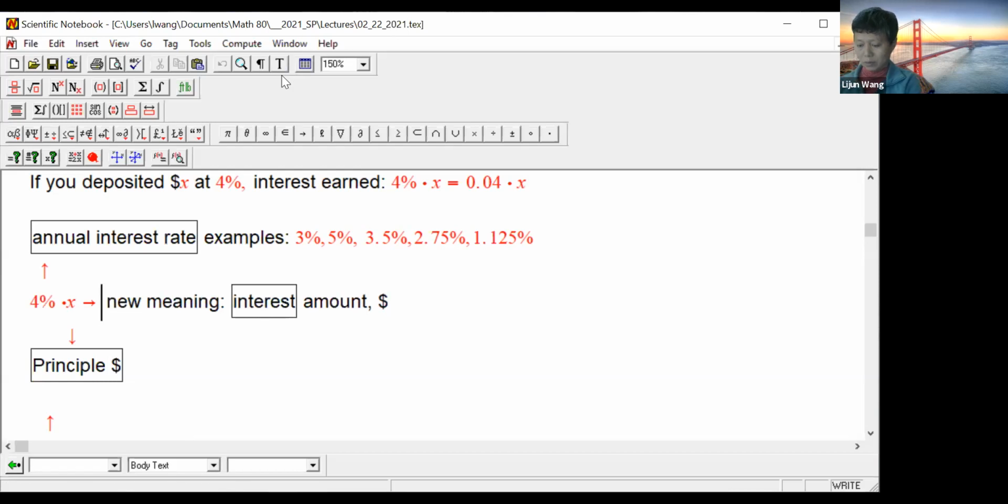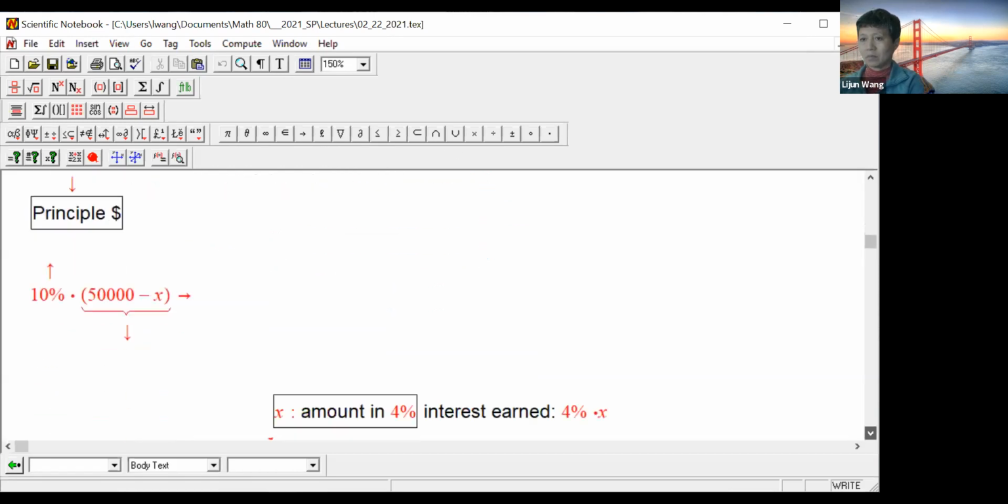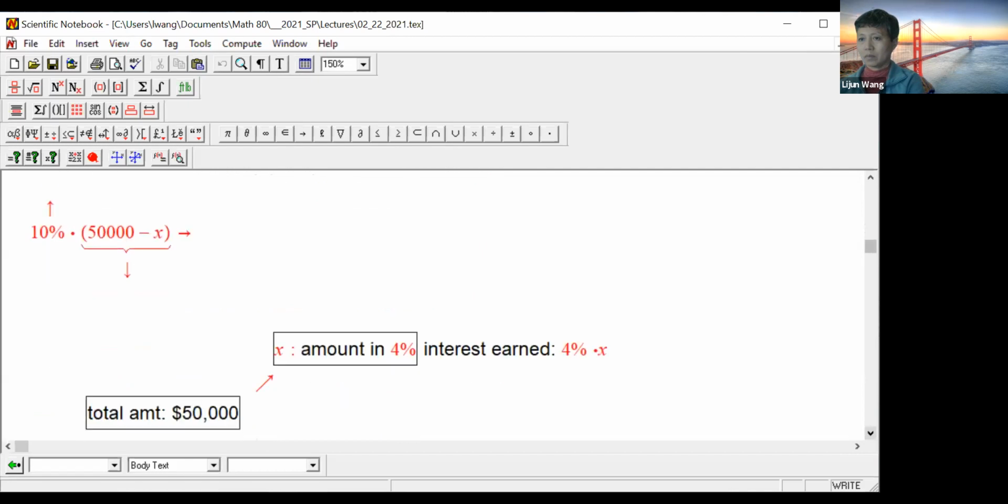Product, you multiply one with the other. So I want you to mark all these three. Are you doing it? 10% has a meaning: annual interest. 50,000 minus X, that whole thing in parentheses, has another meaning. When we multiply, the product has another meaning.